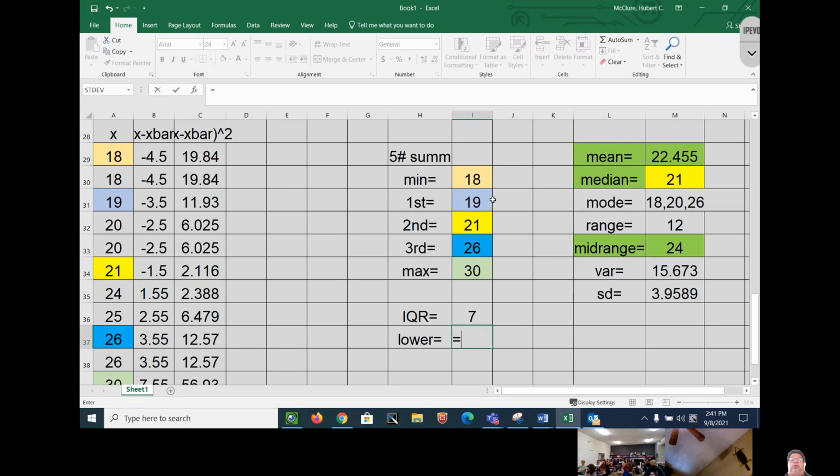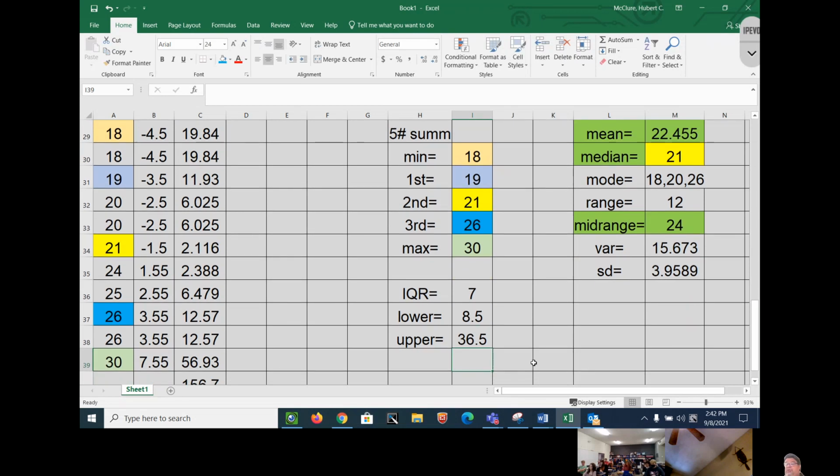That's going to be Q sub 1 minus, in parentheses, this times 1.5. And then your upper parameter is going to be your third quartile plus the 7 times 1.5. And watch what this gives you.